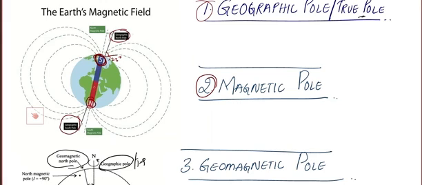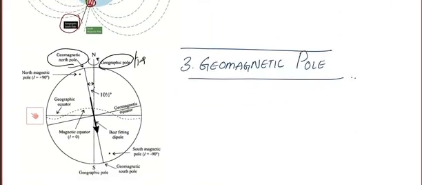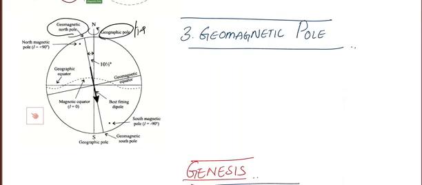And then we'll see what a geomagnetic pole is. Geomagnetic pole is quite opposite to the magnetic pole and quite similar to the geographic pole. If you consider this as the geographic pole or the true pole, the geomagnetic axis is inclined approximately 10 and a half degrees, or approximately 11 degrees, to the geographic poles.